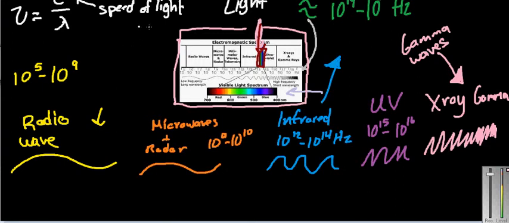Because the frequency is really high, as you can see here, the frequency is 10 to the 18th, so the higher the frequency, remember, the smaller the wavelength. They're inversely proportional. So when the frequency goes up, the wavelength is going to go down.